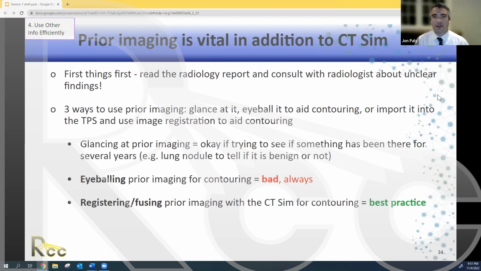The reason is that it can be very hard to mentally get things aligned when they're on different screens, and you may be missing the fascial planes or the anatomic planes in your treatment planning scan, especially if it doesn't have contrast and it's not registered to that fused image. So of course, registering and fusing the prior imaging, that's the right answer. That is what we would say is best practice and what we always strive for.